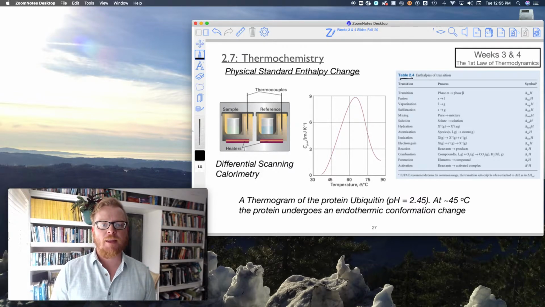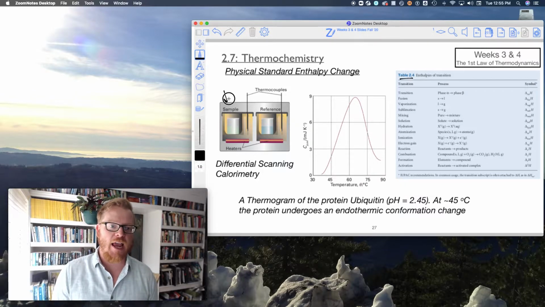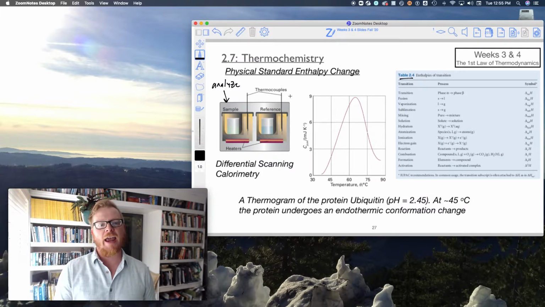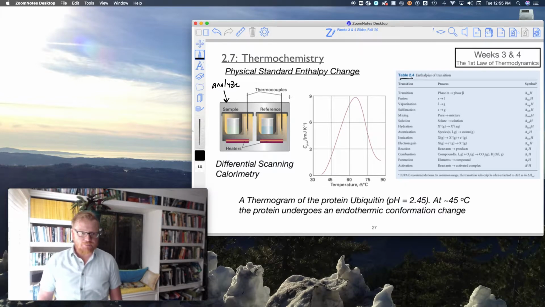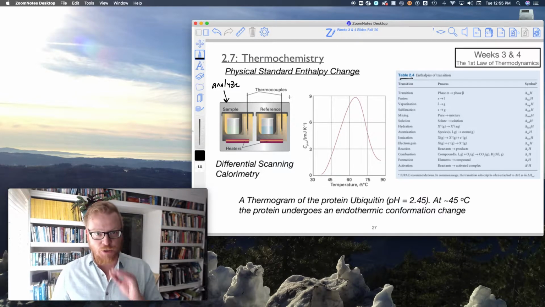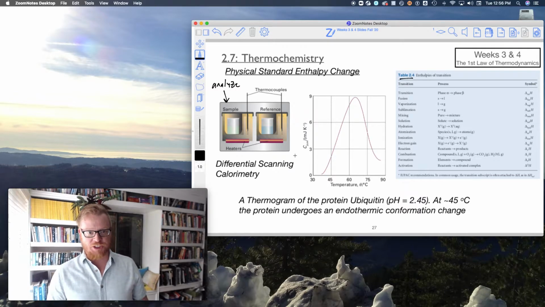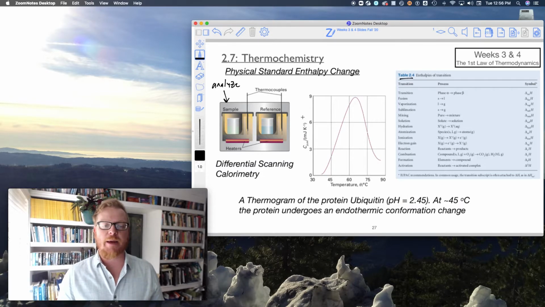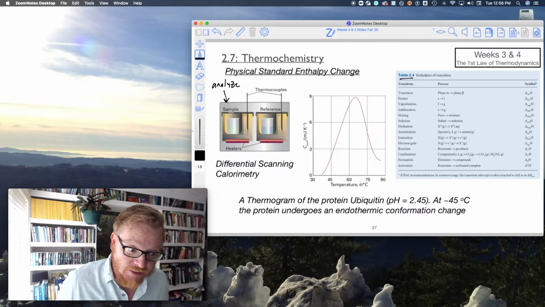But simply, the DSC contains a sample compartment and a reference compartment. The sample compartment is what you are trying to analyze. That's your analyte. And your reference is some material that is not going to undergo a phase transition at the same temperature that the analyte does.